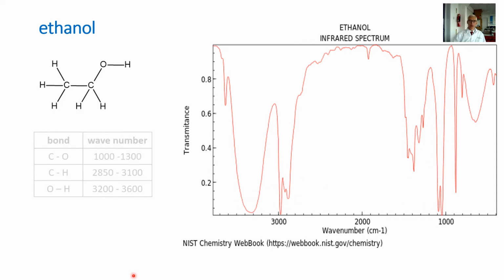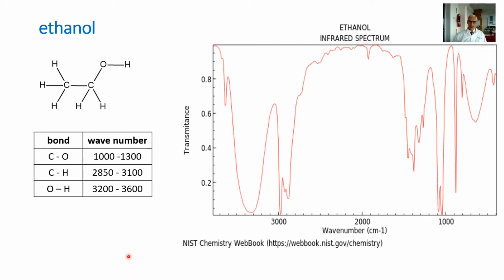How would we interpret those? We need to use the data book, the OCR data book. We'll see that the carbon-oxygen single bond corresponds to 1000 to 1300, and we have an absorption peak corresponding to that. We have carbon-hydrogen at 2800 to 3100. Well, we've got an absorption that corresponds to that, and all organic molecules will tend to show that absorption, just around the 3000 mark.